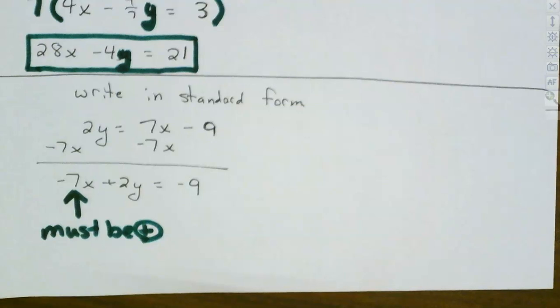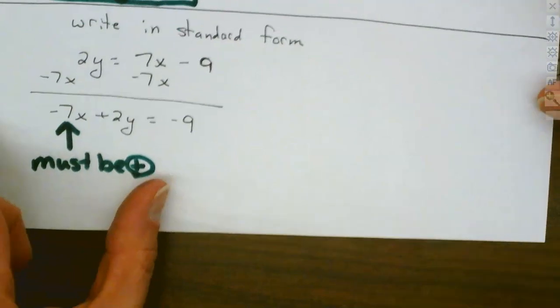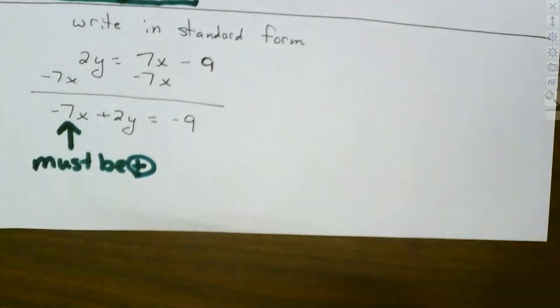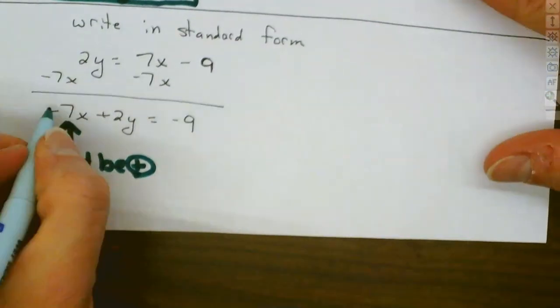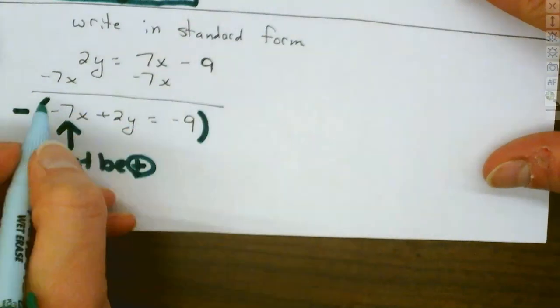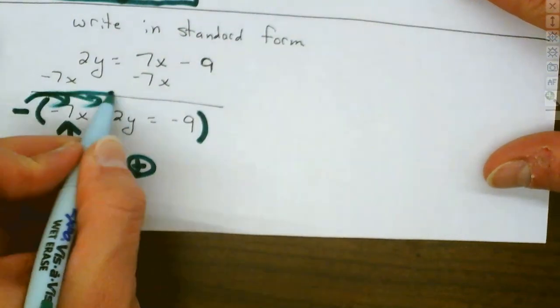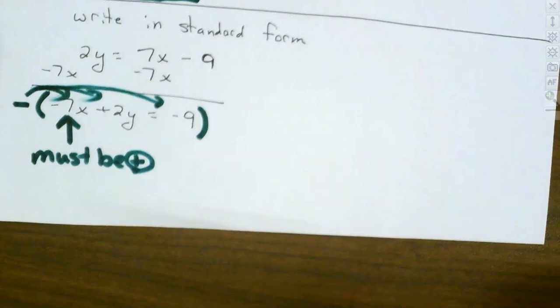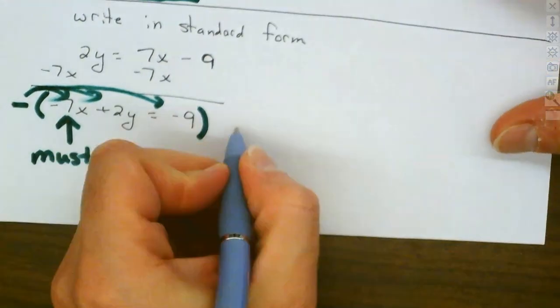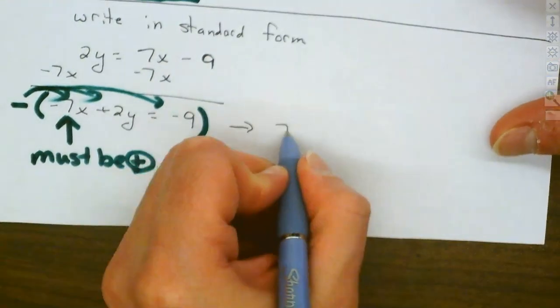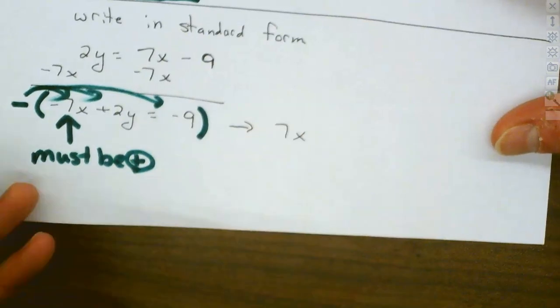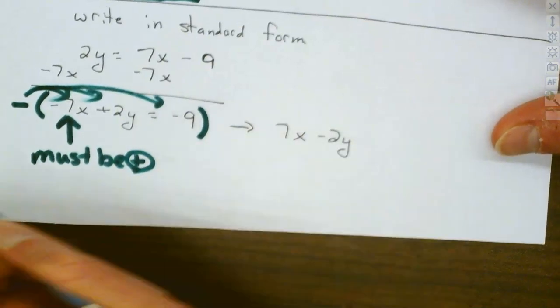Okay, so we know that must be positive, and in this case it is not. So how do we fix it so that it's in standard form? Well, if we want to fix it so it's in standard form, we're going to distribute a negative through. And that's going to switch our signs out. And that leaves me then with positive 7x, which is what we want, a minus 2y.